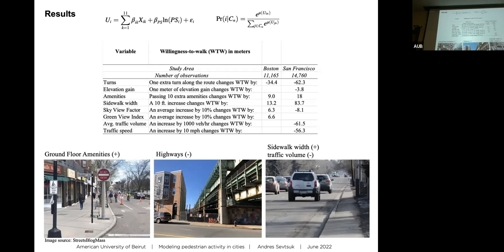So what we see is, for instance, that one turn on a route in the context of San Francisco is perceived as equivalent to 62 meters of extra walking. So it's fairly costly to make turns for San Franciscans on their network. In Boston, one turn is perceived as only about 34 meters equivalent.